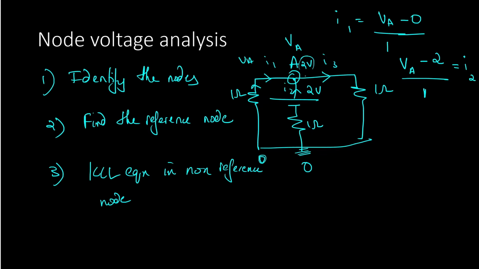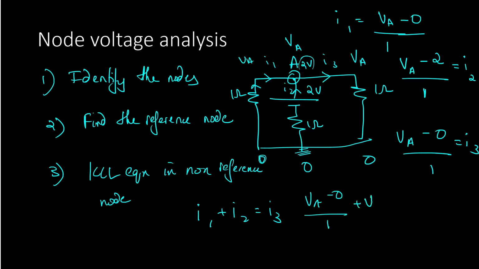For I3, this is VA and this is 0, so I3 is (VA minus 0) by 1. By KCL, I1 plus I2 is equal to I3. Therefore (VA minus 0) by 1 plus (VA minus 2) by 1 is equal to (VA minus 0) by 1. This is the equation, and we solve for VA using it.